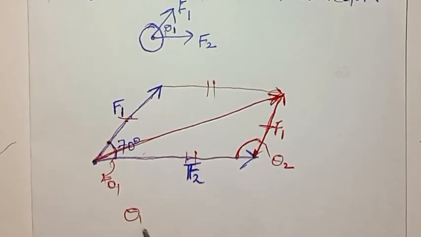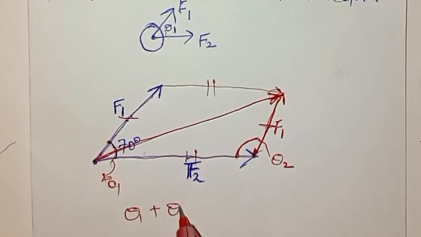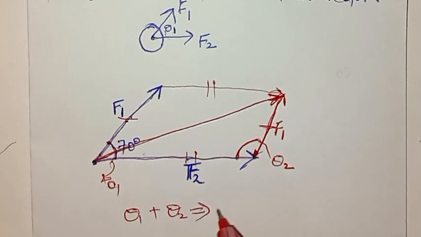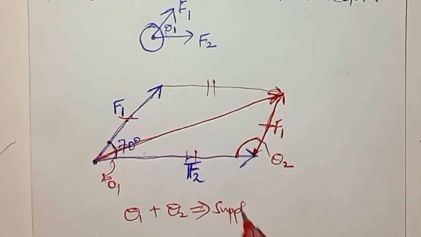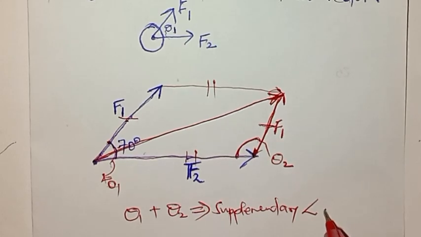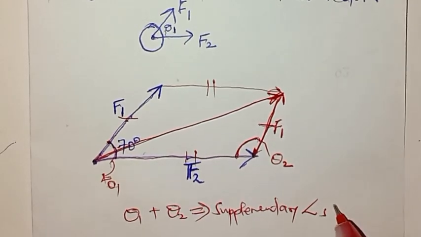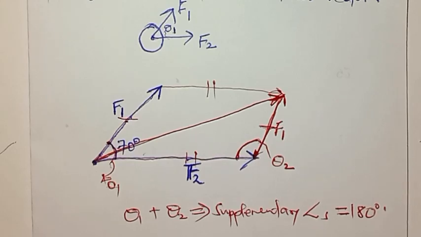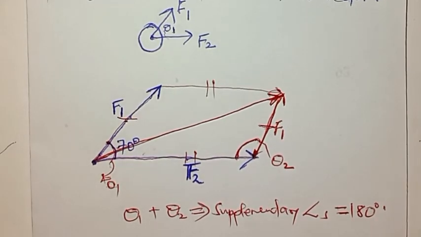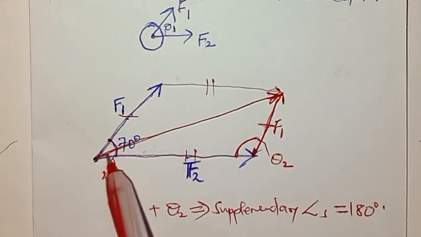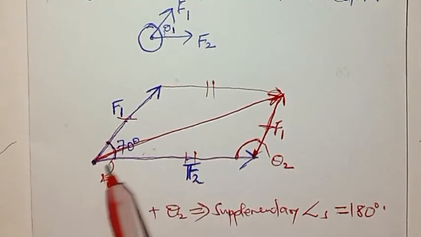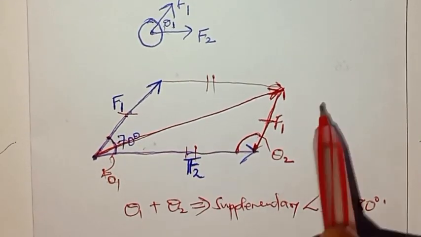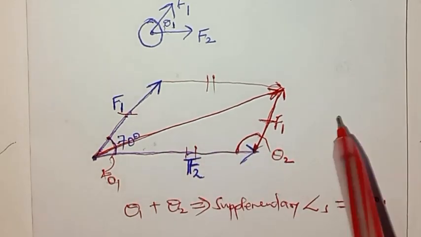So theta 1 plus theta 2 are supplementary angles, meaning they add up to 180 degrees in a parallelogram. You can see this forms a triangle. So we will draw this separately.